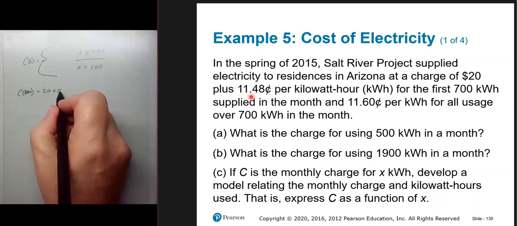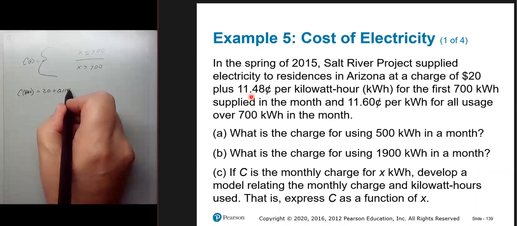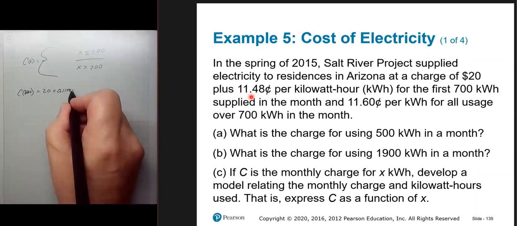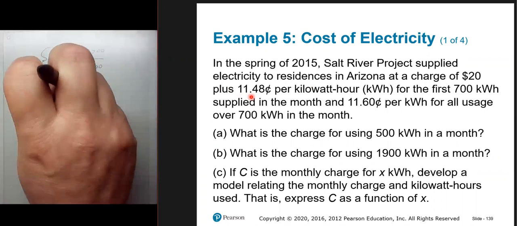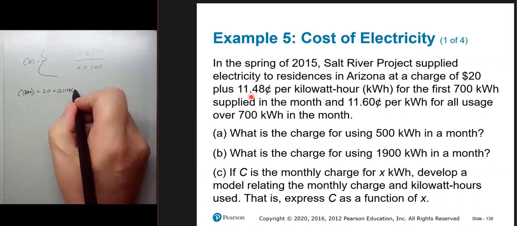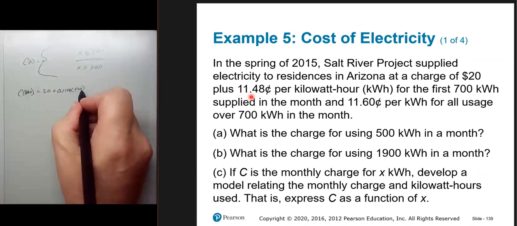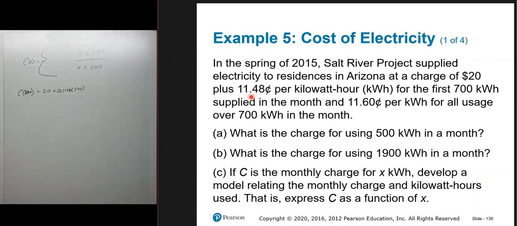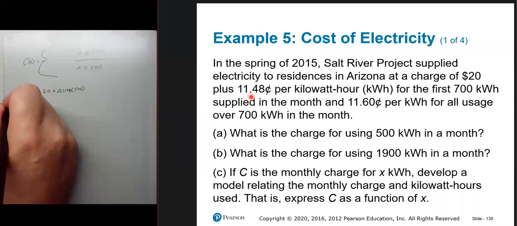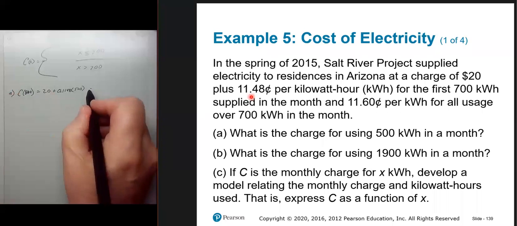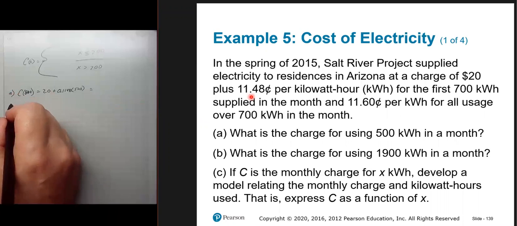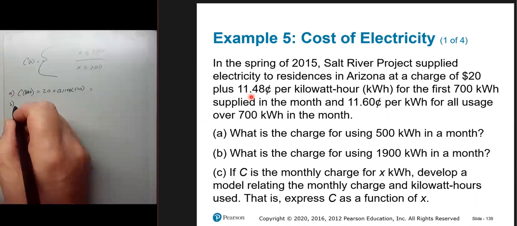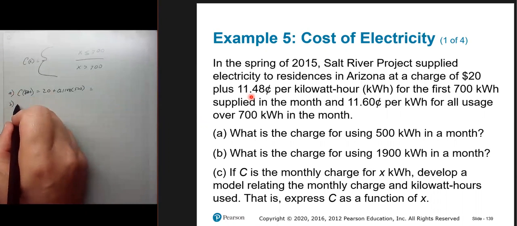So that's $0.1148 times the number of kilowatt hours, so times the 500. So this is solving A. I'm going to let you solve it for me, or if someone's got a calculator handy, you can do it real quick.